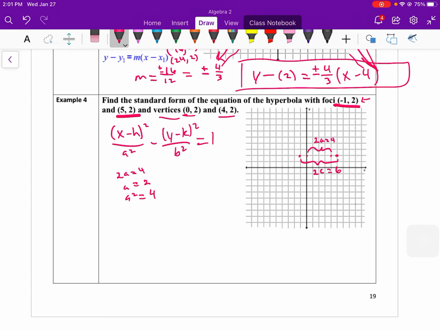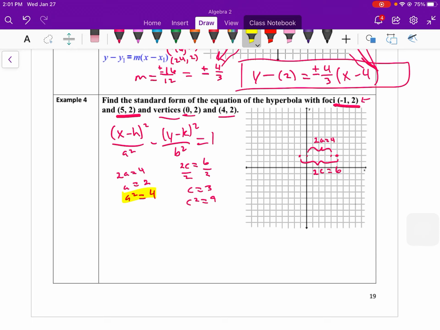So a squared will be 4. 2c equals 6 here, and I'm pulling these from the distance we found on the graph. So solving for c, we get c equals 3, and then c squared equals 9.